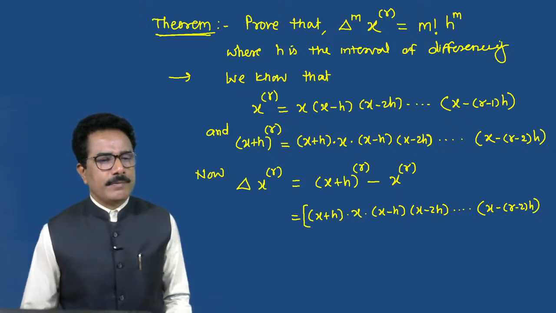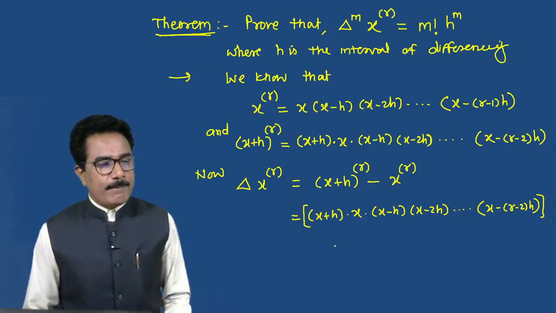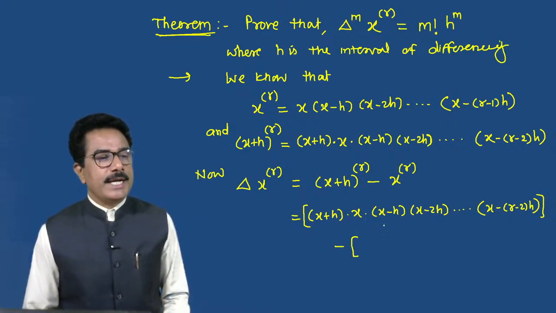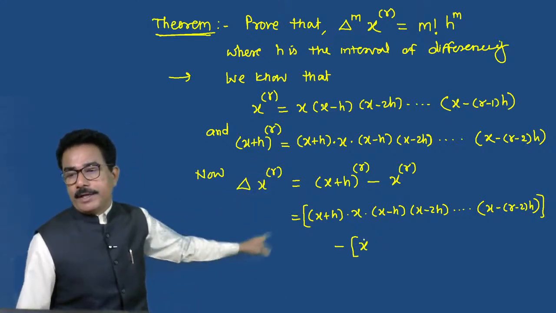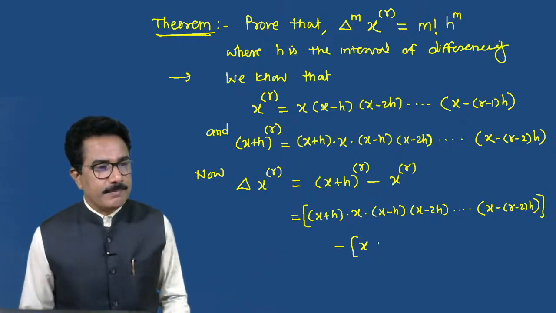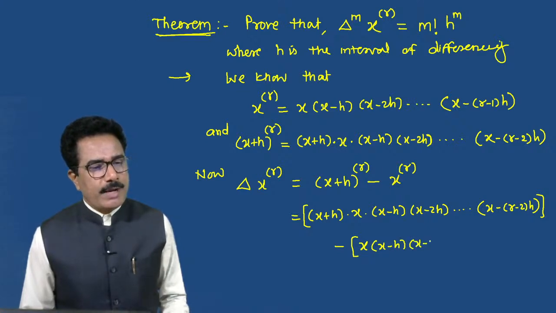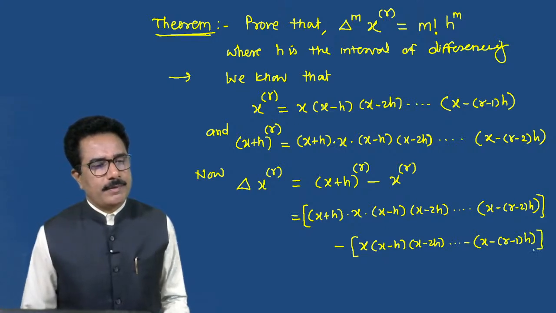This is (x plus h) raised to r factorial minus x raised to r factorial. Put the value of x raised to r factorial. Now how to write the x raised to r factorial? x, x minus h, x minus 2h dot dot dot x minus (r minus 1) into h.